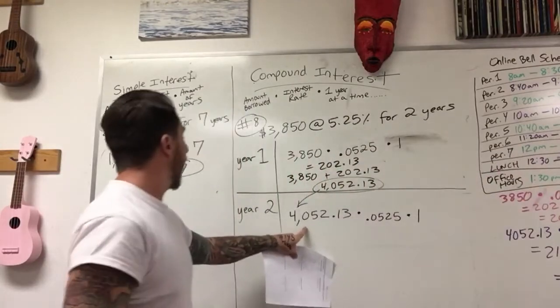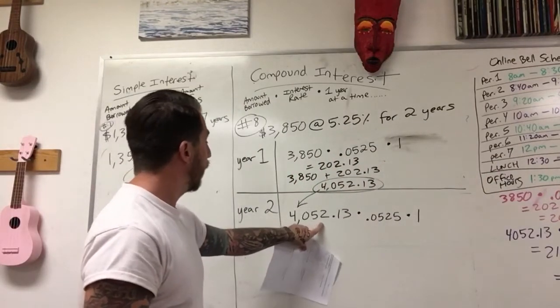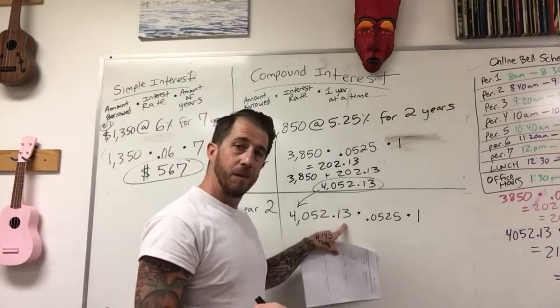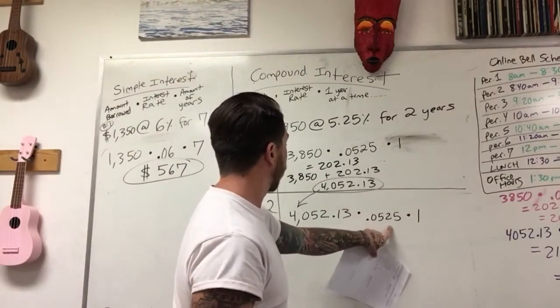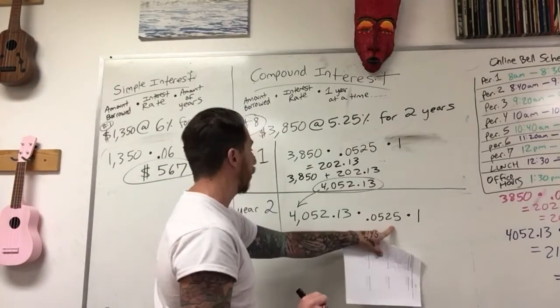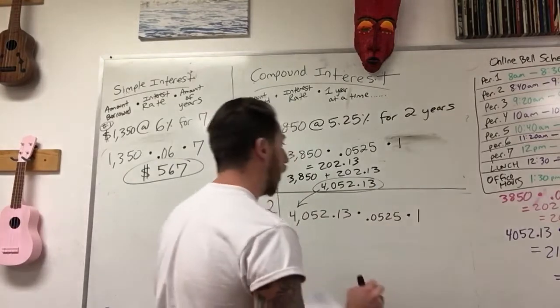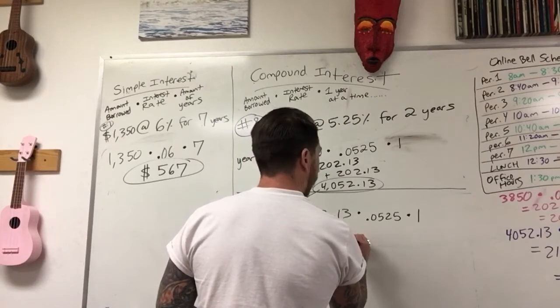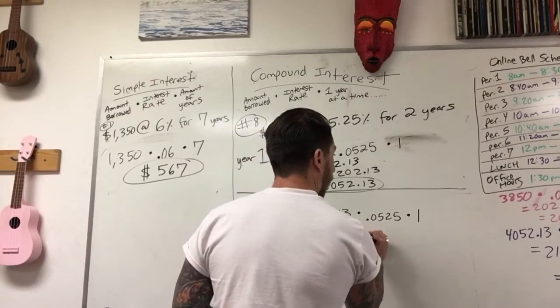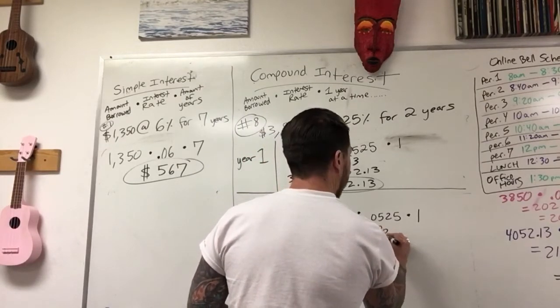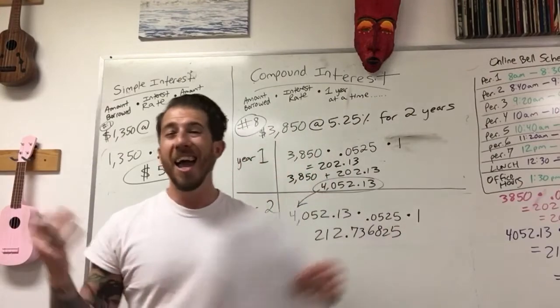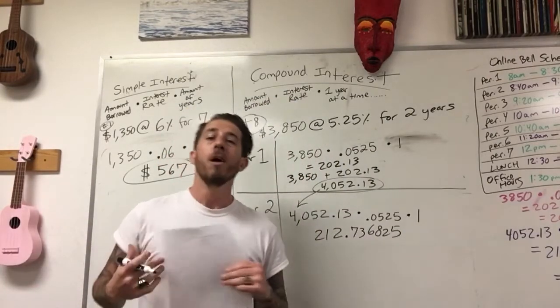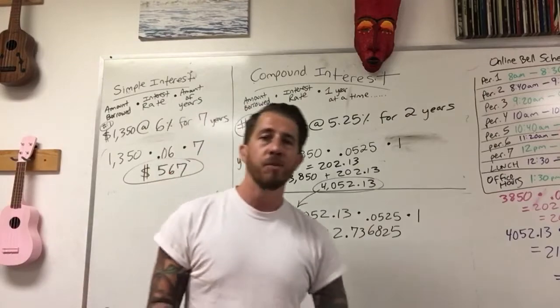So again, we take 4,052.13 multiplied by our interest rate, after we turn that interest rate into a decimal, times 1. When we do that, we're going to get 212.736825.